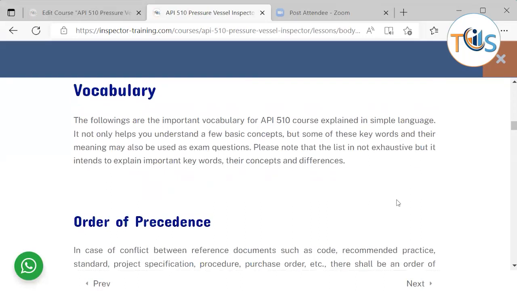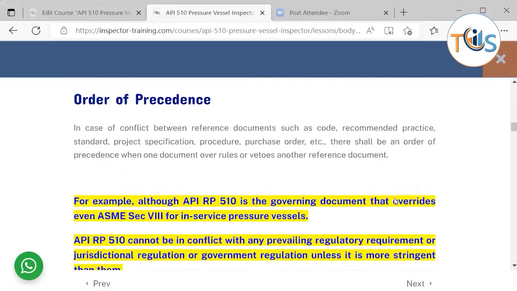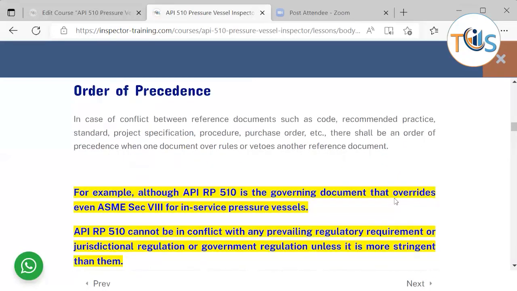Vocabulary. There are certain definitions that you need to really get the concept and meaning of, and we are highlighting them here so you can understand, and they should be treated as potential exam questions. Now, order of precedence. If there is a contradiction, say between API 510 and ASME Section 8, as we know, API 510 is applicable the minute the vessel is put into service, the first fluid has gone into it.